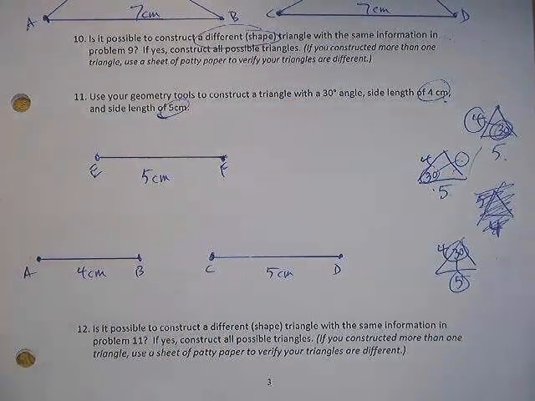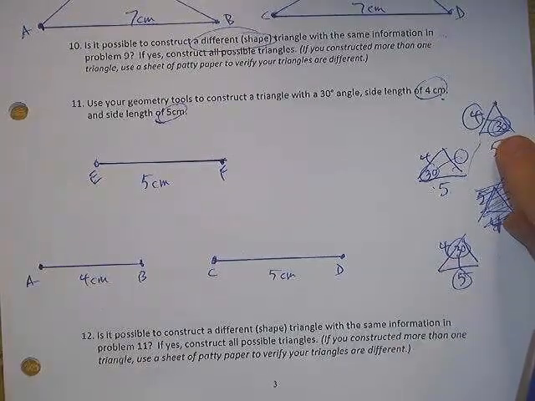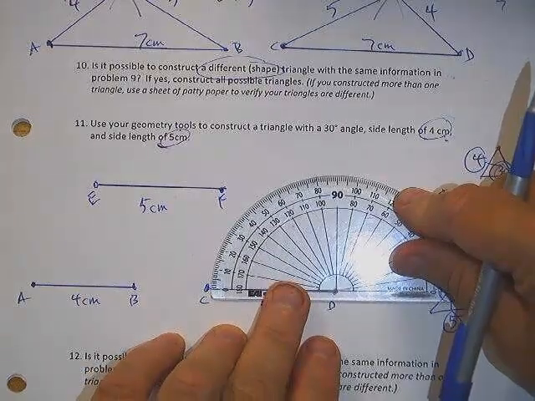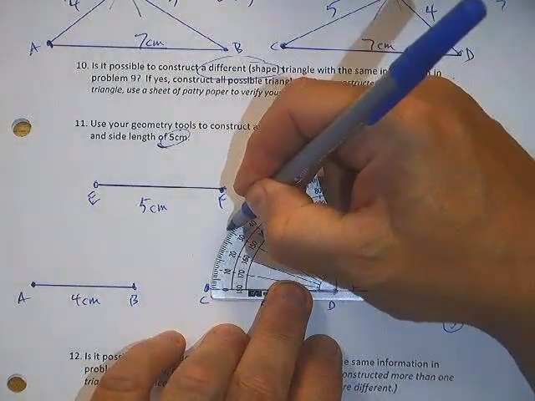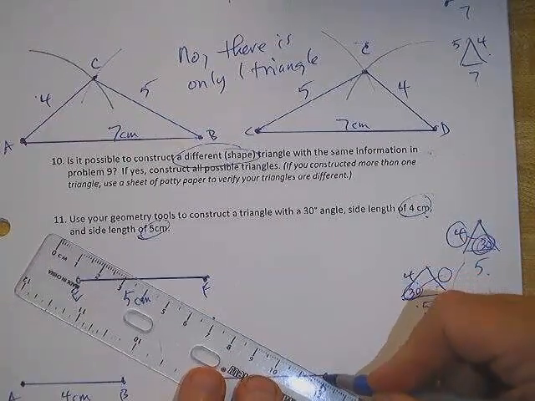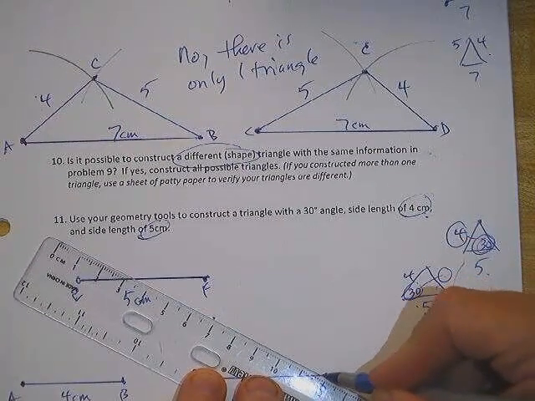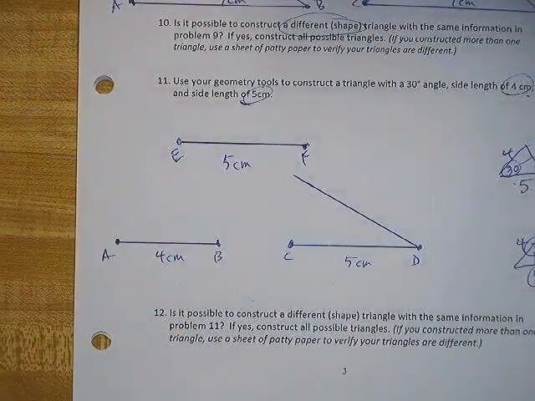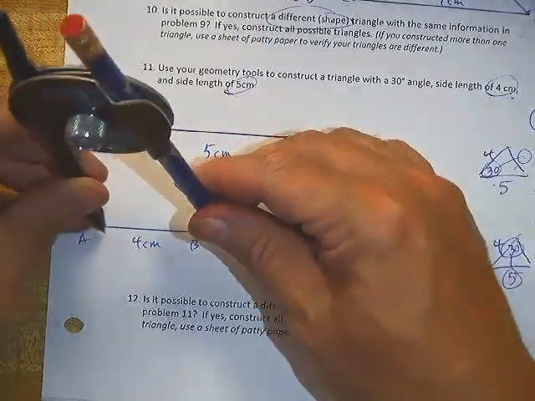Alright, so for the first one, put the 30 on the left, comes our right, 30 on the right side. And then on the left side, I want a 4.